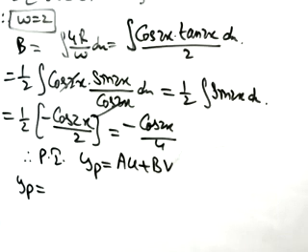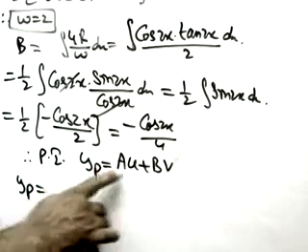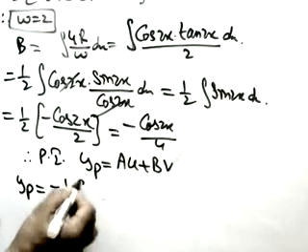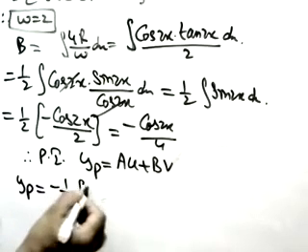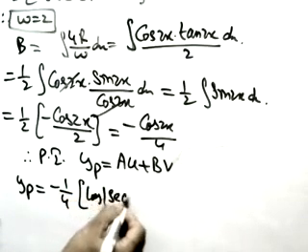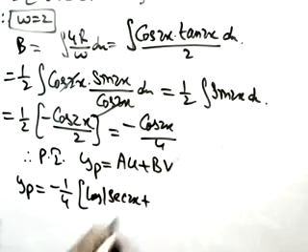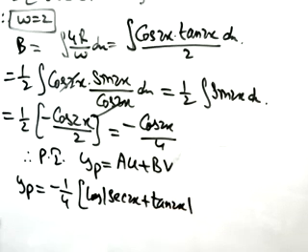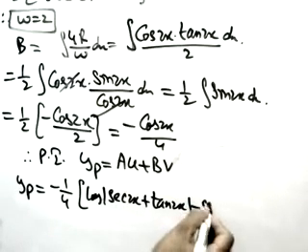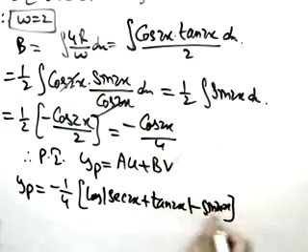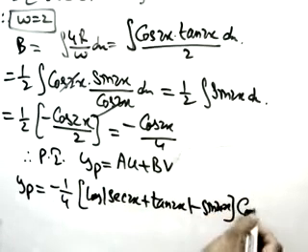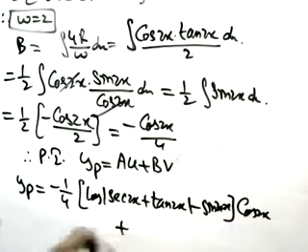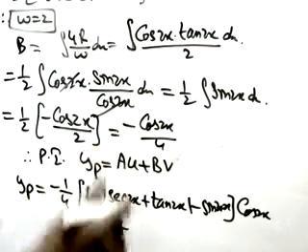Let me write here. So let me continue here. Y equals a. The value of a is minus 1 by 4 into log of mod secant 2x plus tan 2x minus sin 2x. This is a into u, which is cos 2x, plus b.